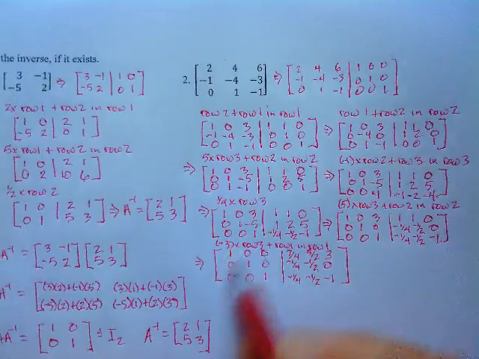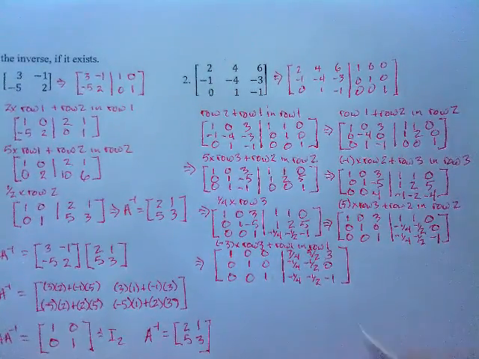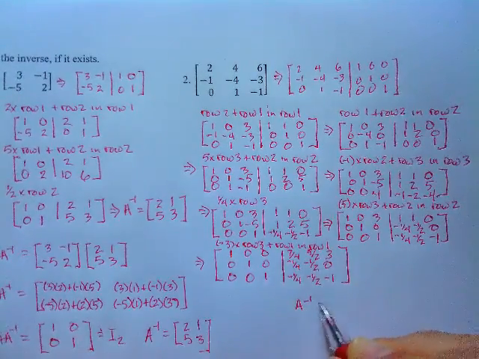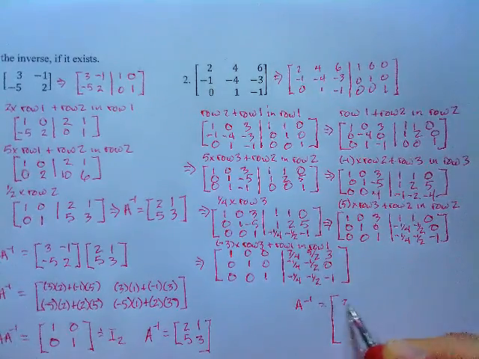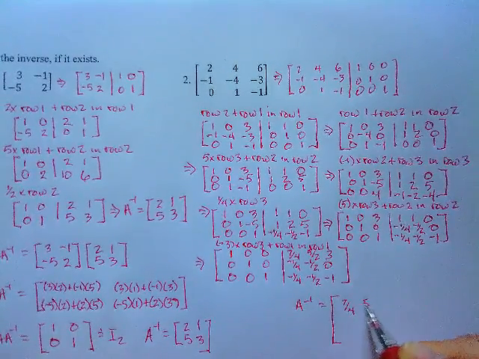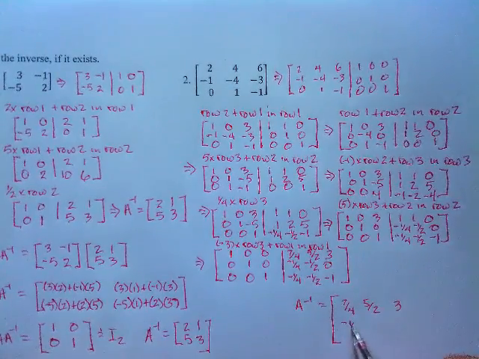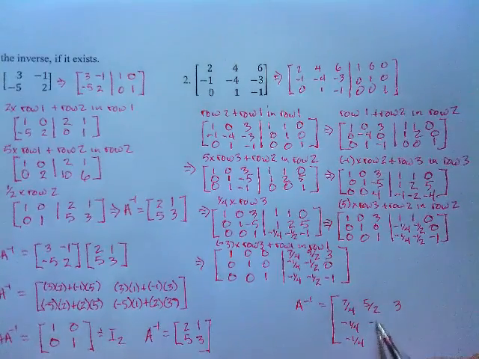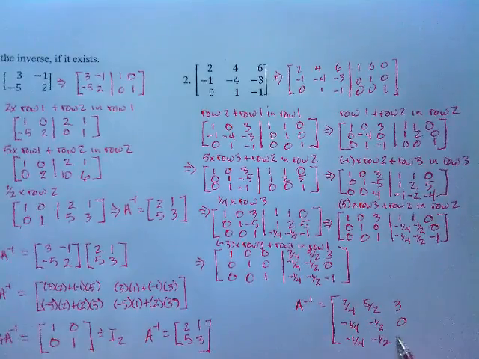So, over here I have my 1, 1, 1, all the rest are zeros, so my inverse matrix is 7/4, 5/2, 3, negative 1/4, negative 1/4 here, negative 1/2, negative 1/2, and 0, negative 1.